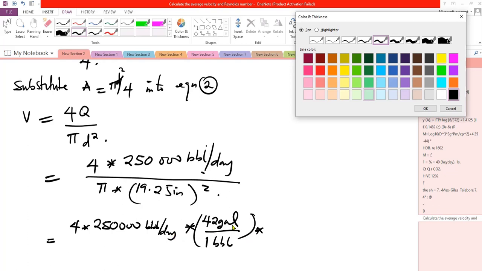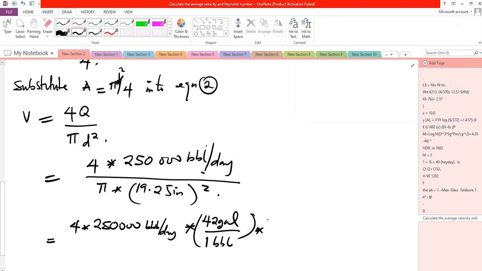Now we need to change this gallon per day too. Now you have 231 inches cube, which is equivalent to 1 gallon. So now we have changed this to inches completely.